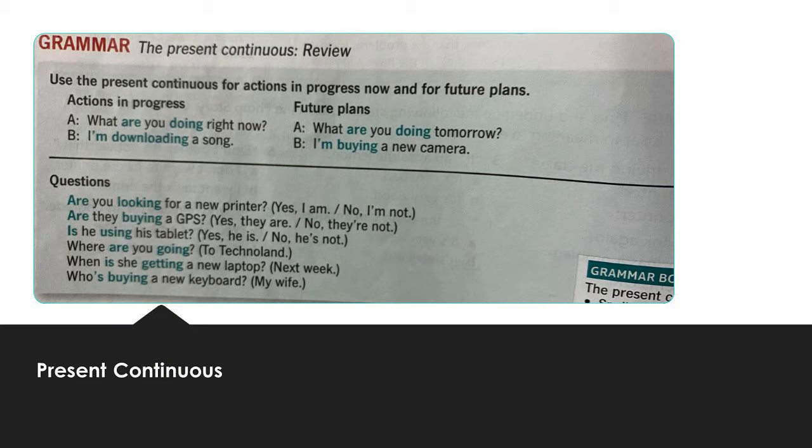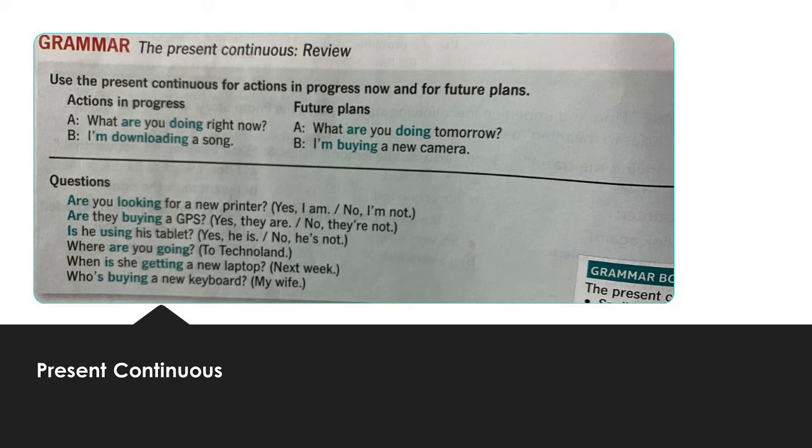Okay, as you can see in this picture, it says that we use the present continuous for actions in progress now or for future plans. What does that mean? Do you remember that in the last unit we were learning about the simple present, right?